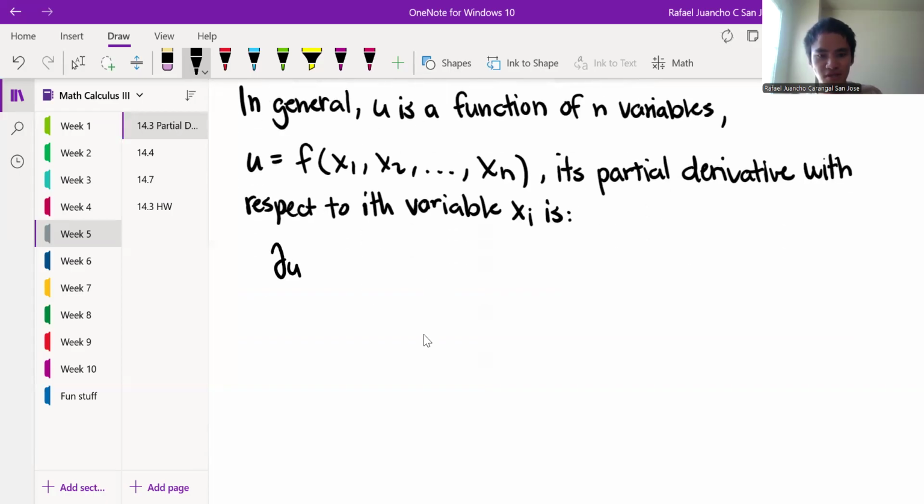So I'm taking my partial with respect to x sub i, and this is equal to, again, my limit definition.